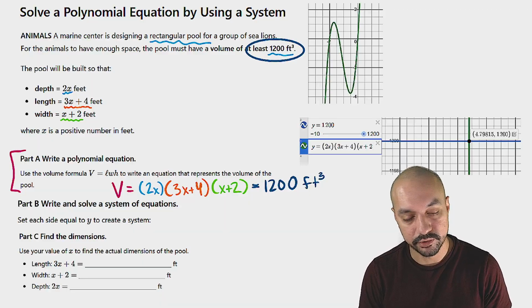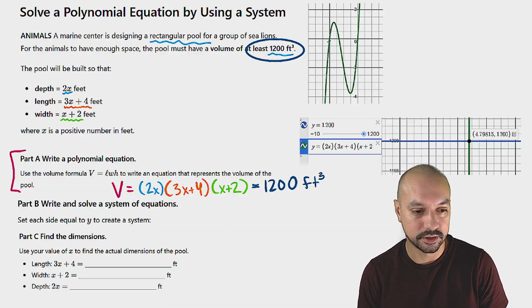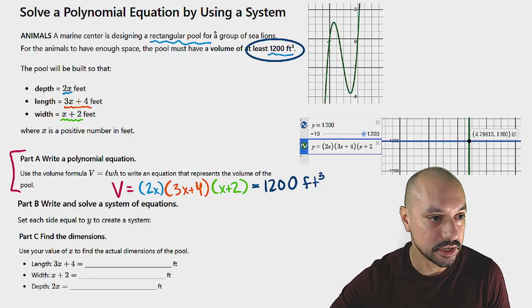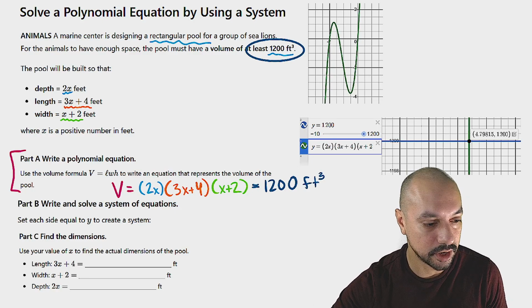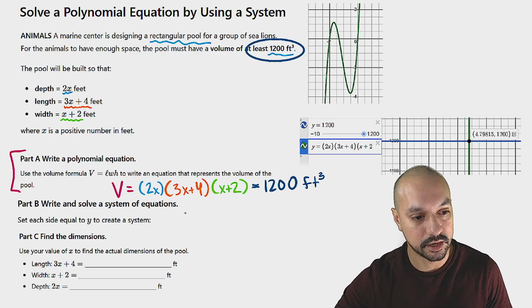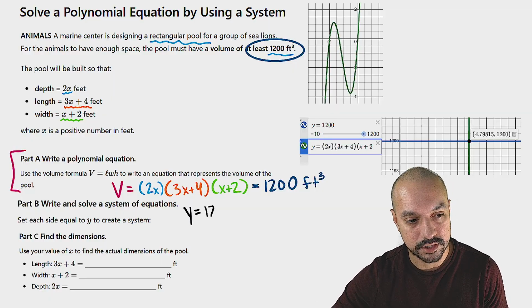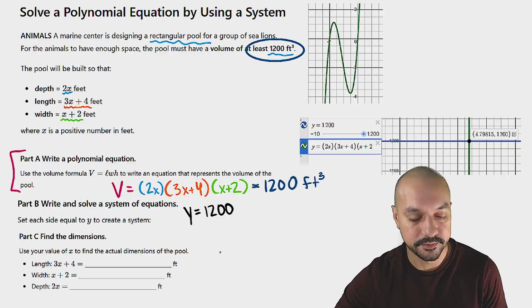We could do some rearranging and graph it in standard form, but we're not going to do that in this case. Instead, we're going to treat each side of the equation as its own equation, and so its own function. So one of our functions is going to be the constant function, y equals 1,200.